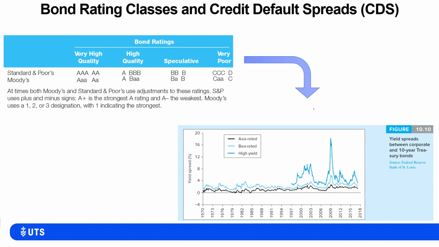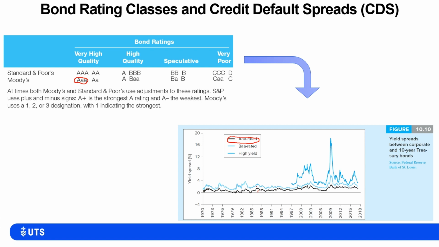One final thing today is about bond rating classes and credit default spreads. As we discussed previously, credit default spreads are measurements of credit risk levels. Therefore, for AAA bonds, those with very high quality, as we can see in the figure here, those bonds have the lowest credit default spreads.